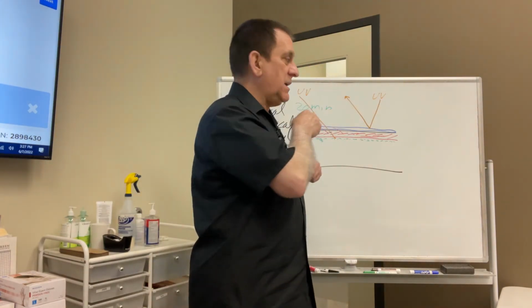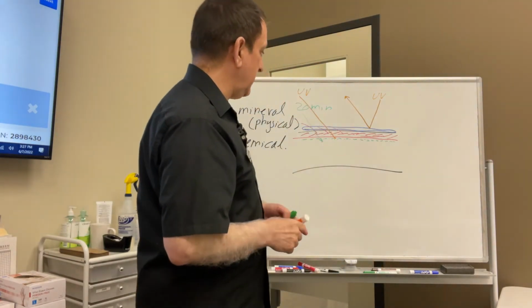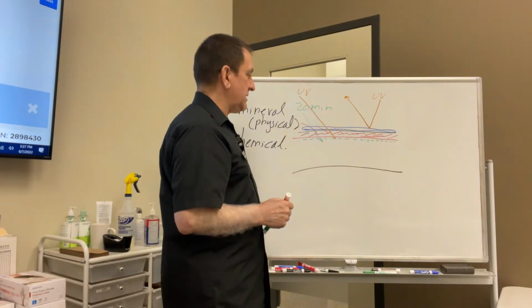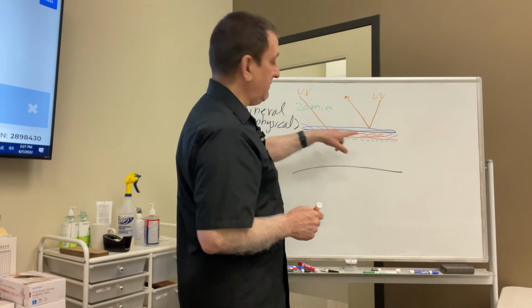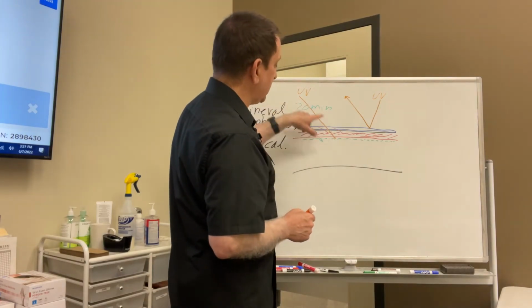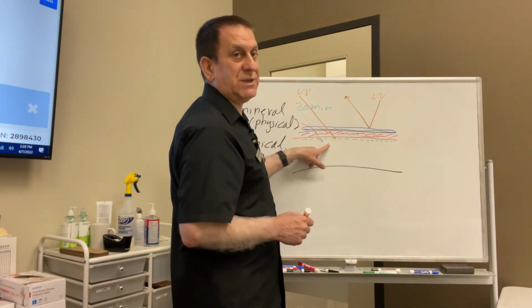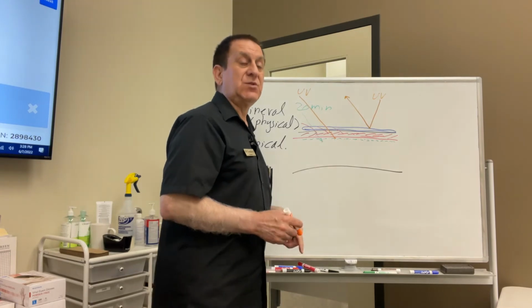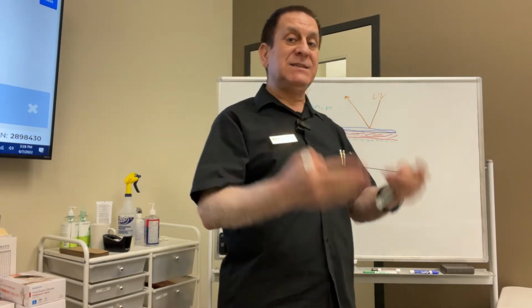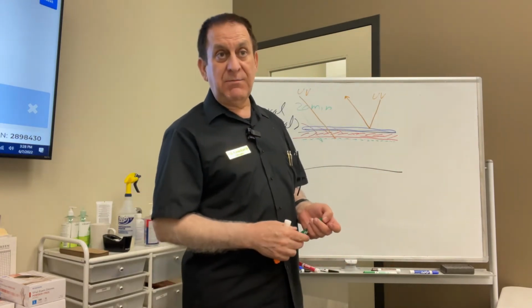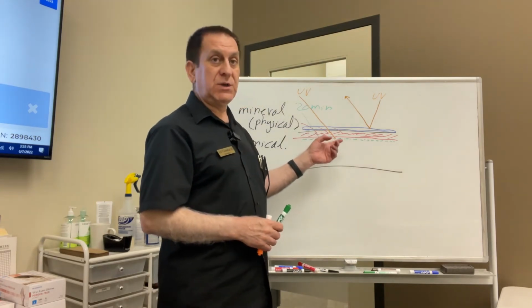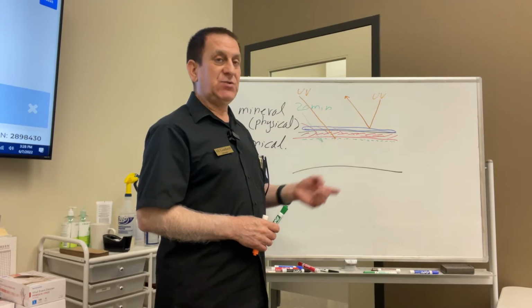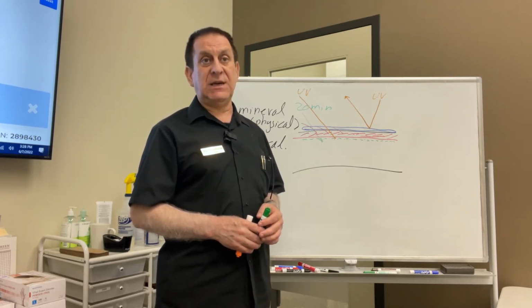When you have done a chemical peel or something on your skin, you have already damaged your skin. When you apply the chemical sunscreen, it penetrates into the skin, gets into the skin. So you are putting some unnecessary chemical into the skin. Why would you irritate your skin with another chemical, which is chemical sunscreen?